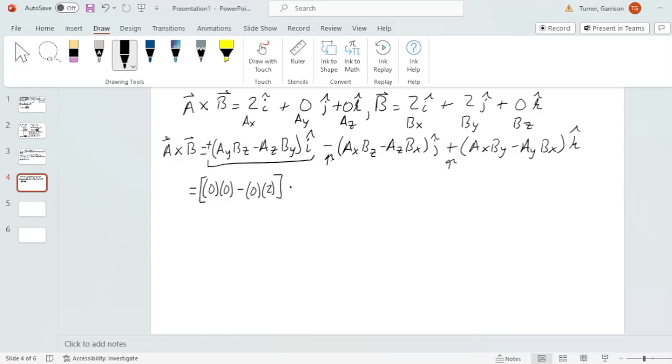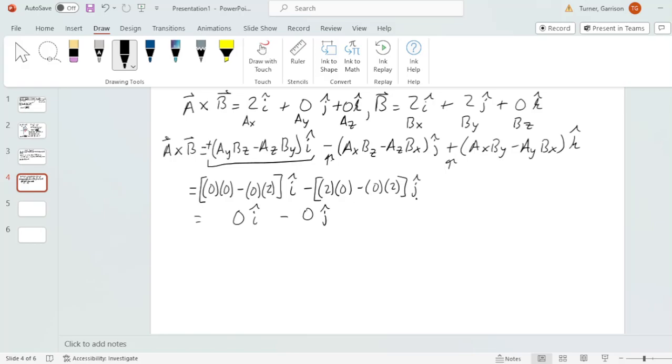And of course, this is in the I direction, and that just goes to 0, minus AXBZ, so AX is 2, BZ is 0, minus AZ is 0 and BX is 2, and that is in the J direction. And again, this is going to be 0.